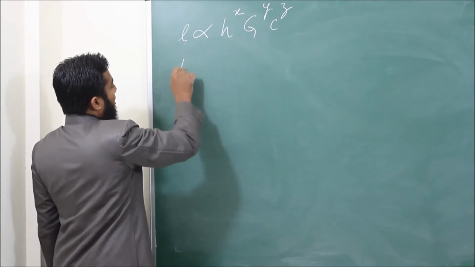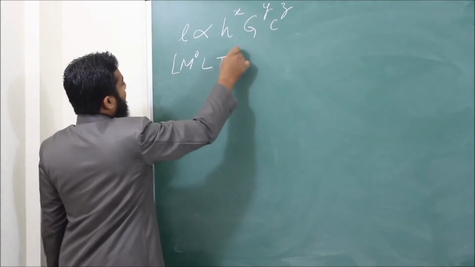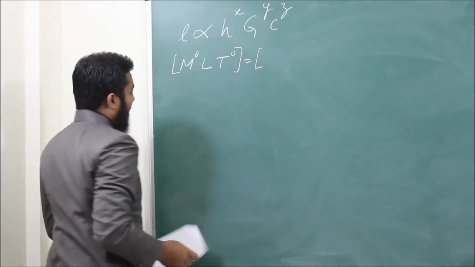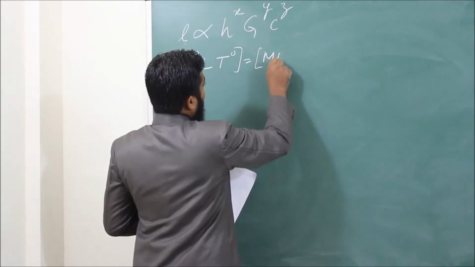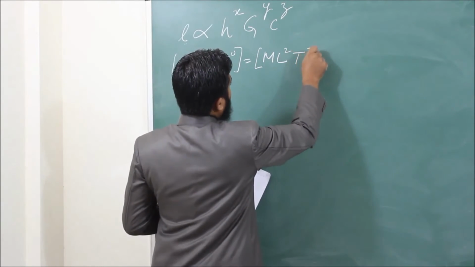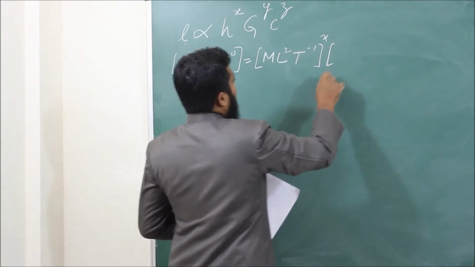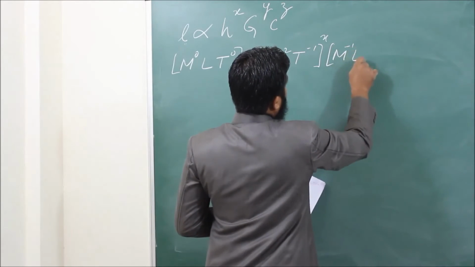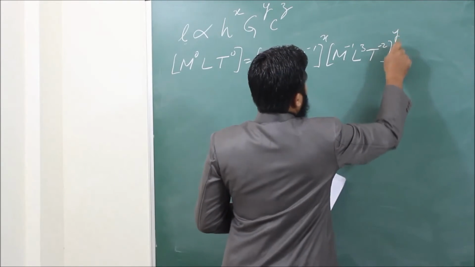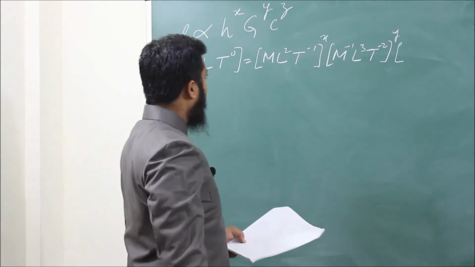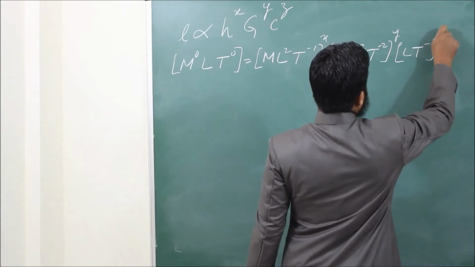It has just L, so I can write M0 L T0. On the right hand side, the dimensional formula for Planck's constant M L square T minus 1, to the power x. Then gravitational constant M raised to the power minus 1, L cube and T raised to the power minus 2, total power y, and c is speed, which is L T minus 1, total power z.